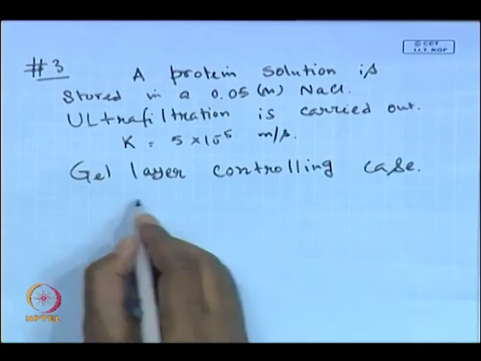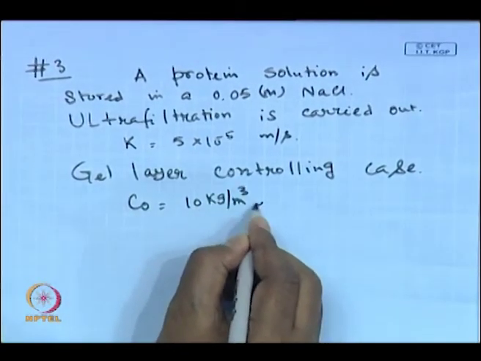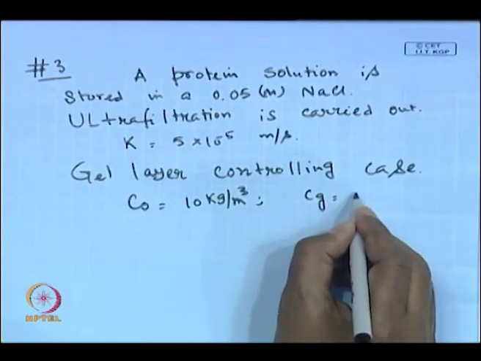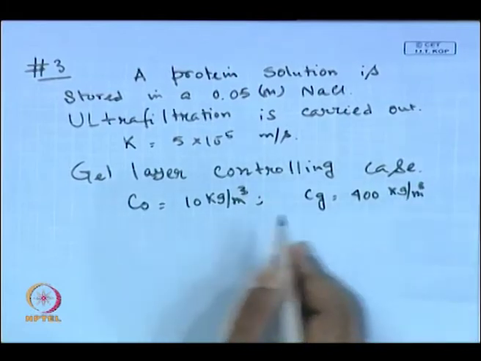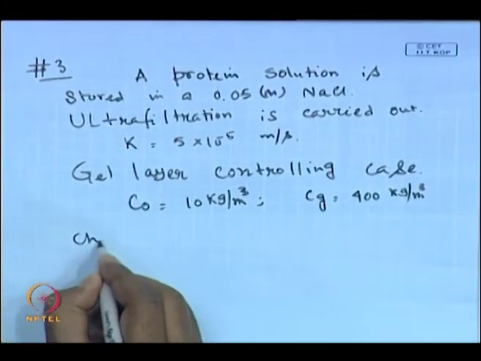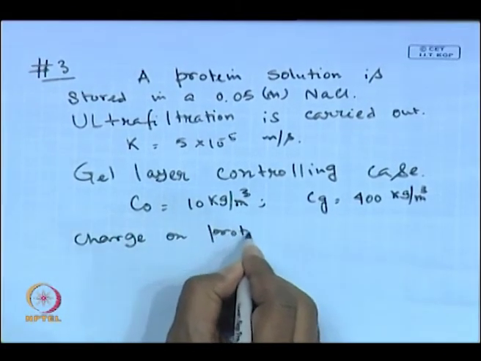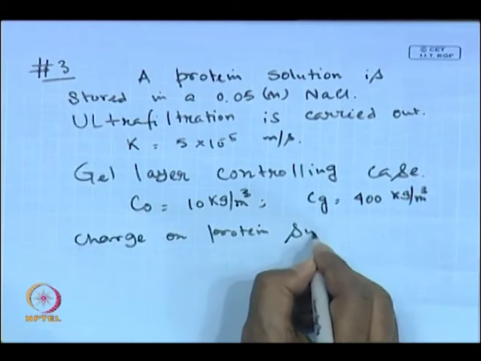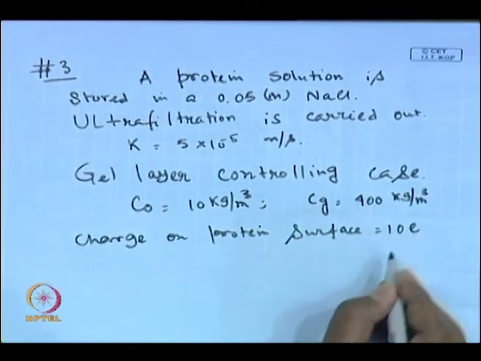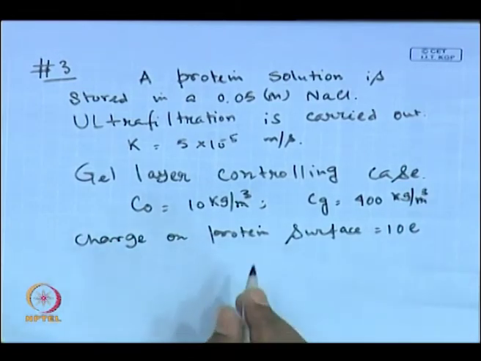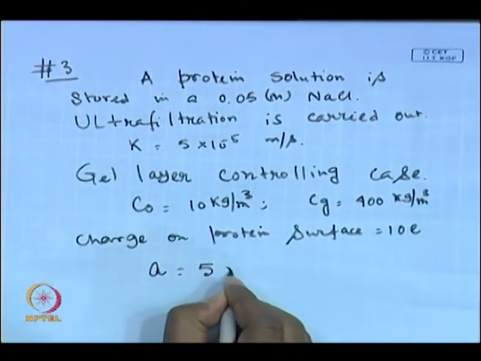Gel layer controlling case: feed concentration is 10 kg per meter cube, gel layer concentration is 400 kg per meter cube, and the charge on the protein surface, that is the surface charge, is 10 times e coulomb. e is 1.6 into 10 to the minus 19 coulomb, and it has a radius of 5 nanometer.